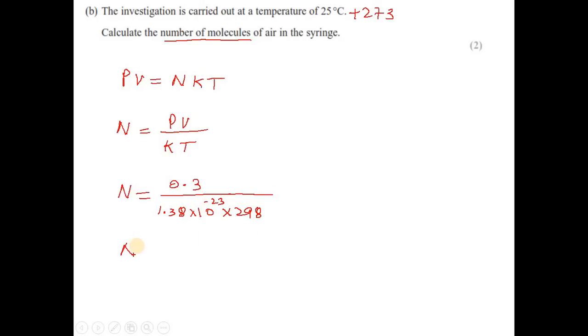So N would be equal to 7.3 times 10 to the power 19. These are the number of molecules.